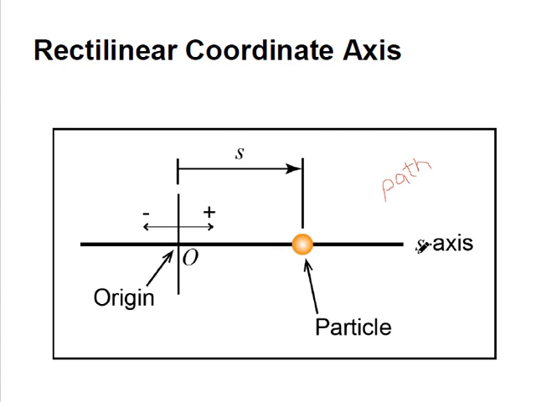And of course, since I call this path the s-axis, the distance traveled is going to be written or represented by s. So your distance traveled is s from here all the way to here, where it starts and where it ends.